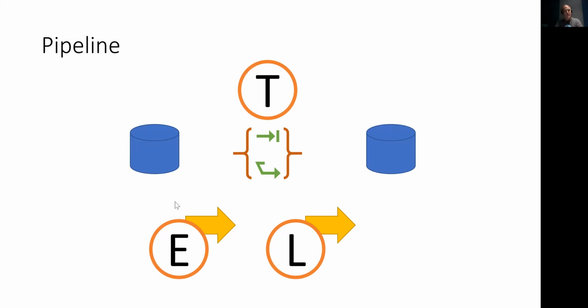Why did I have this fancy animation here? Well, if you are looking at ETL, then you're not really describing the database at the beginning and the end. You're describing a process, an active process.